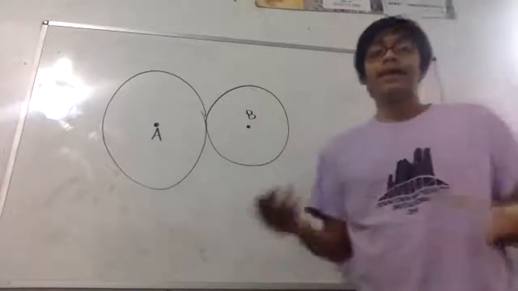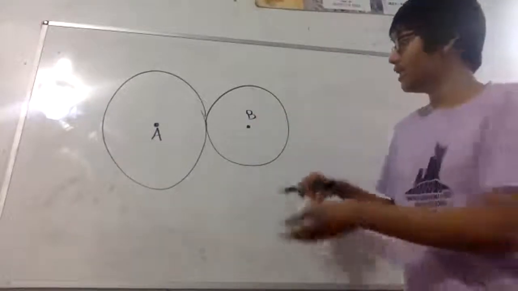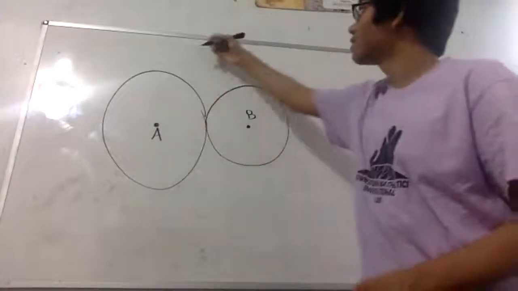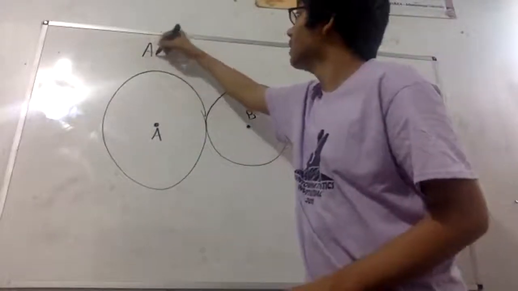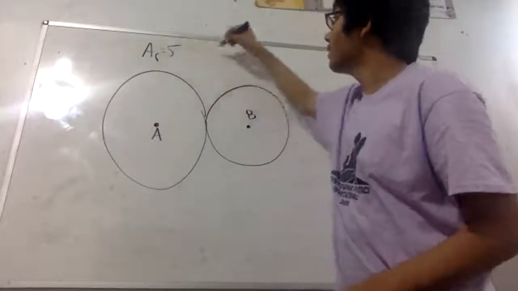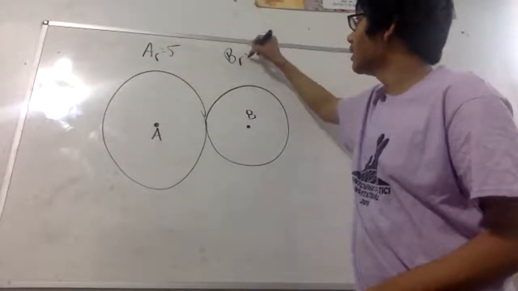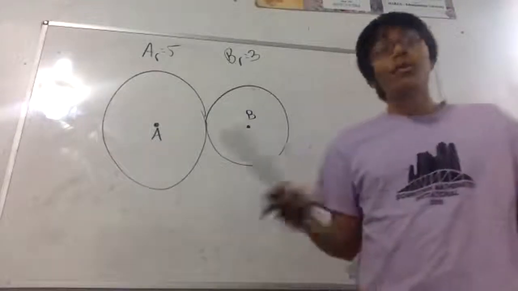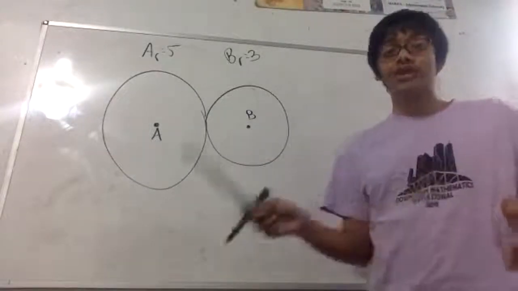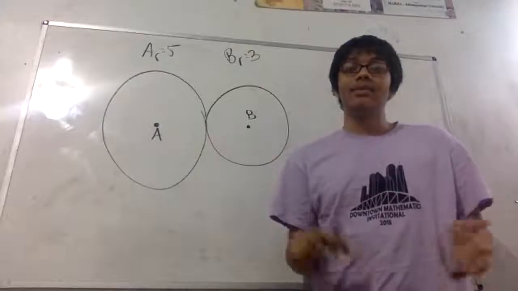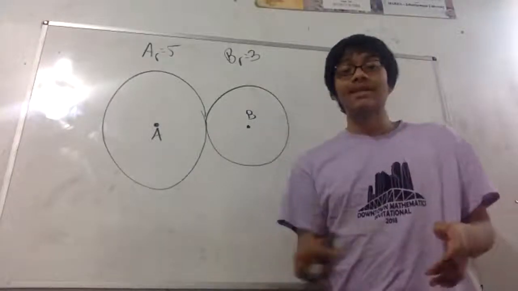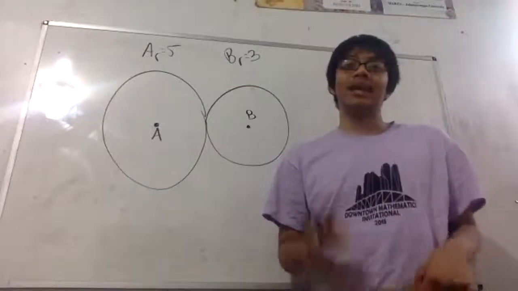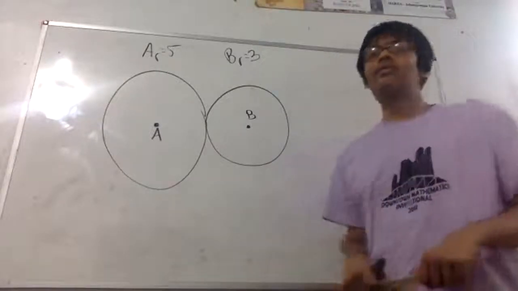Now we're told that the radius of circle A is 5, and the radius of circle B is 3. I'm going to draw in the radii later. We're also told that if we stretch segment AB to a certain point, the line externally tangent to both of these circles intersects that segment at a point C. So how can we draw that?